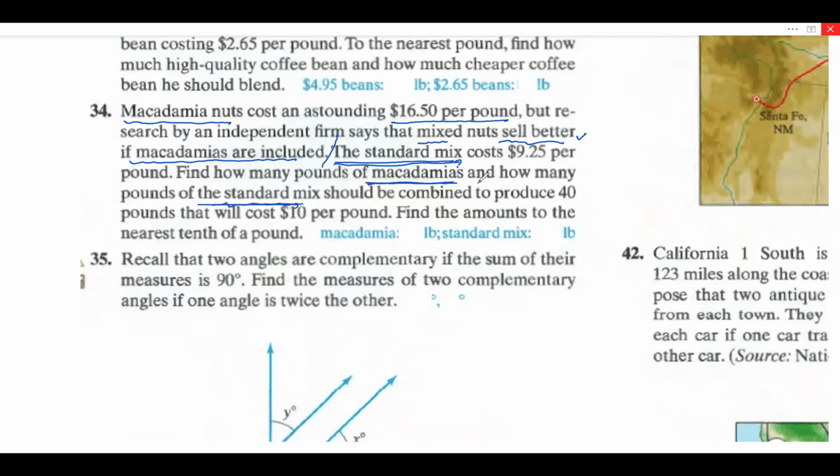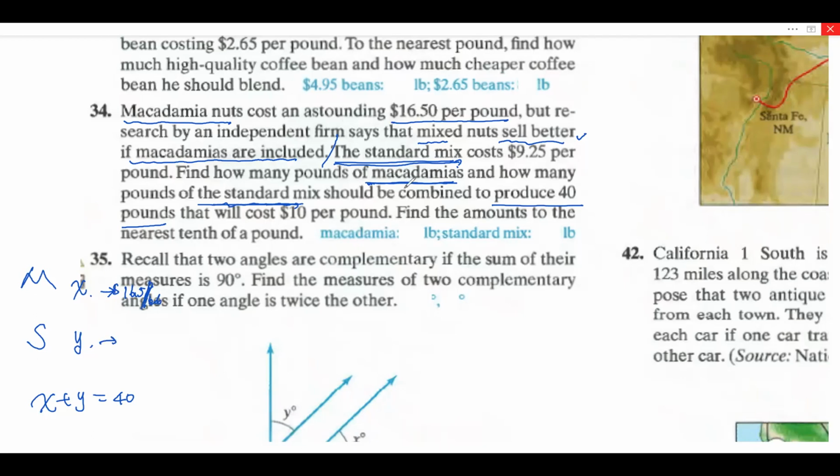So we have two things: M and S. We get X of one and Y of the other. They want to produce 40 pounds, so X plus Y needs to be 40. But we know this one costs $16.5 per pound.